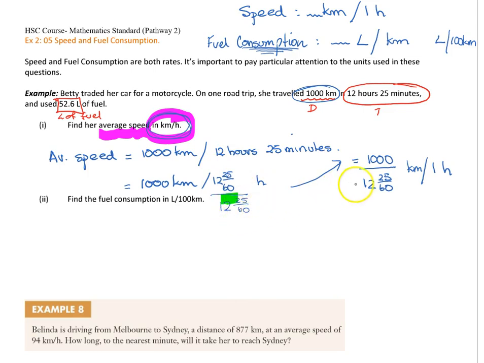And you can see that I'm reducing the size, so I must reduce this one, and I won't squash it in there, but that same number would go in there. You can see it more clearly here. I've taken the 1,000, I'm going to divide it by 12 and 25 over 60. Think about why. The reason why is because I want 1 hour.